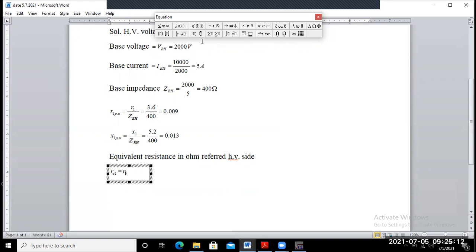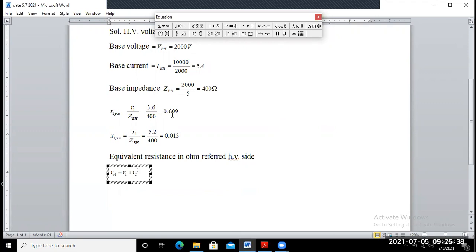So how much is the value of R2 dash? R2 into (N1 by N2) whole square. So R1 plus R2 dash, that means the low voltage side resistance referred to the high voltage side.